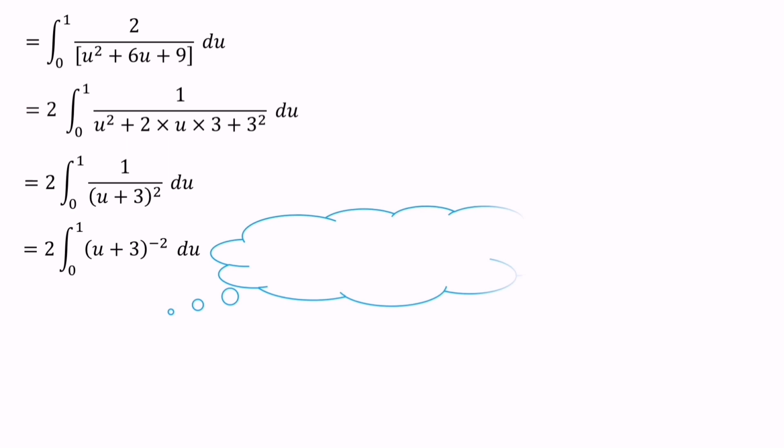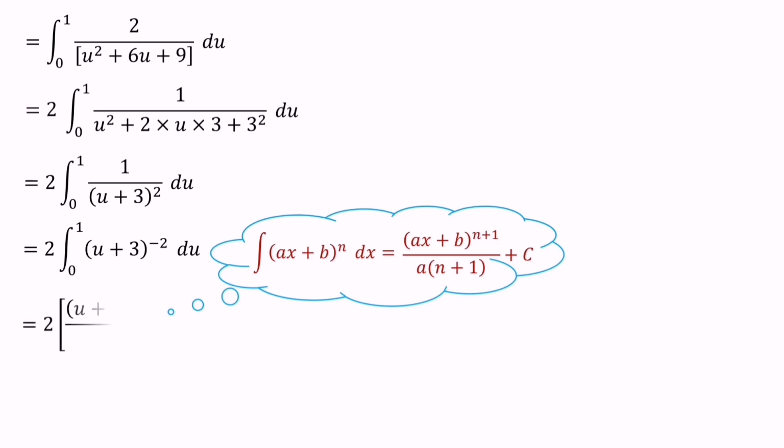We know integral ax plus b to the power of n equals ax plus b to the power of n plus 1 over a times n plus 1. So in here, integral u plus 3 to the power of minus 2 value we can write as u plus 3 to the power of minus 1 over minus 1 using this equation.